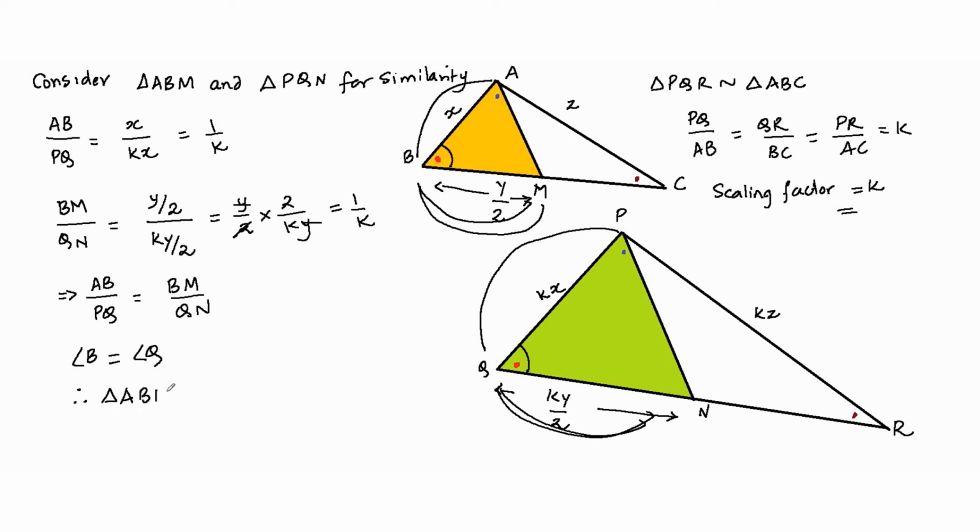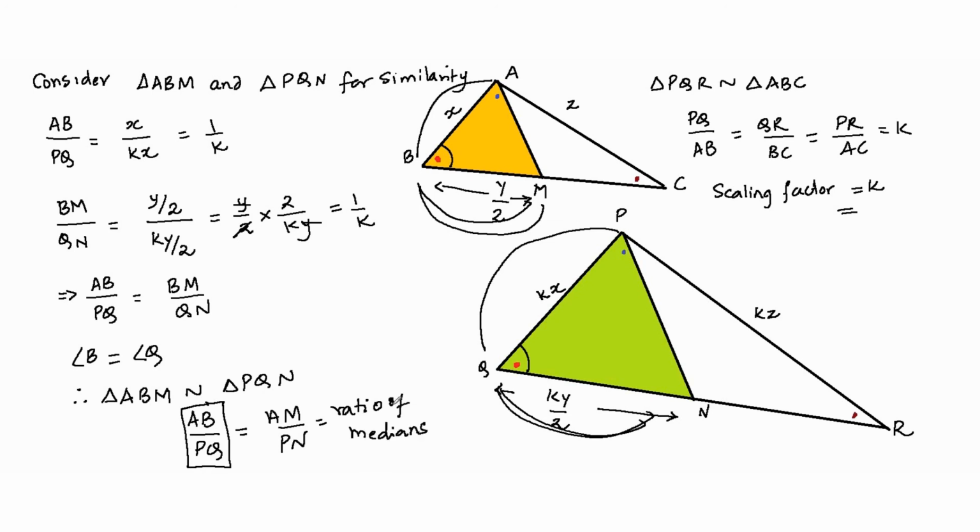So ABM is similar to triangle PQN, and what it means is AB divided by PQ is equal to AM divided by PN. Now AB upon PQ is the ratio in which the sides are scaling, and AM upon PN is the ratio of the medians.